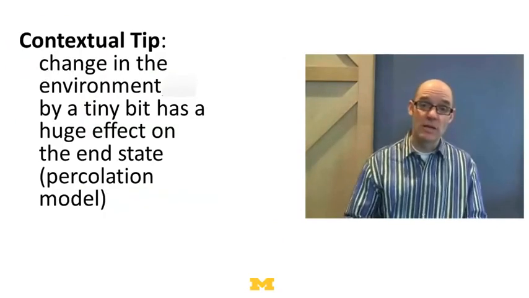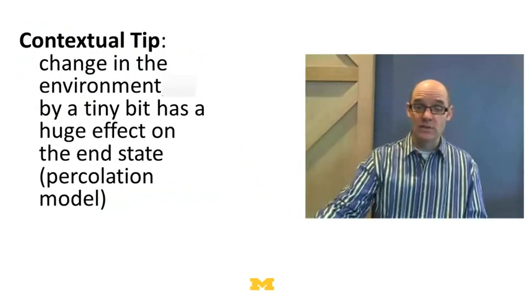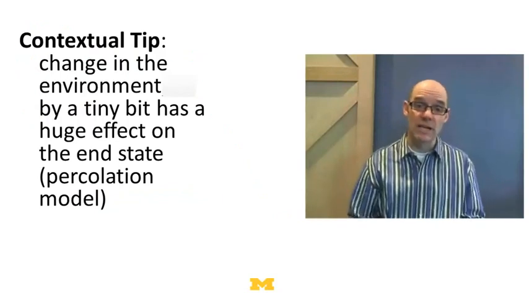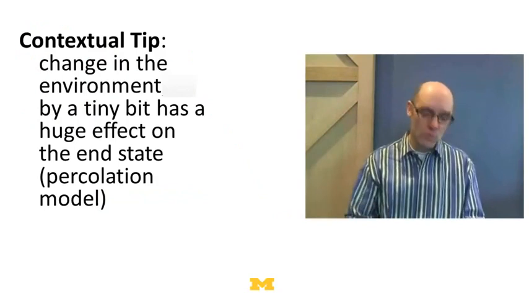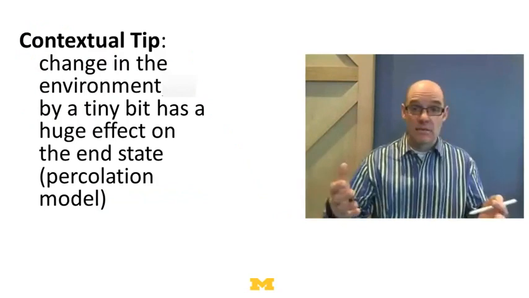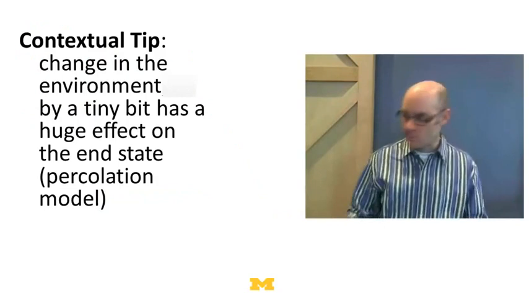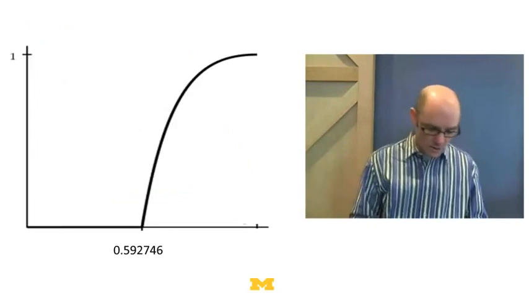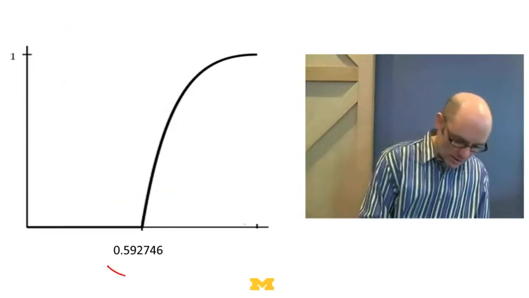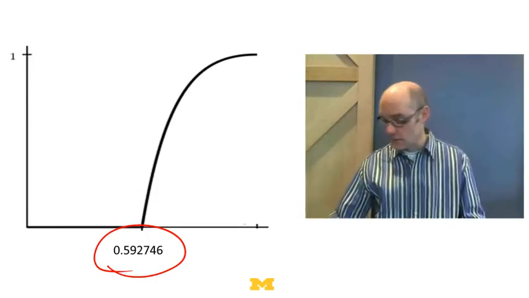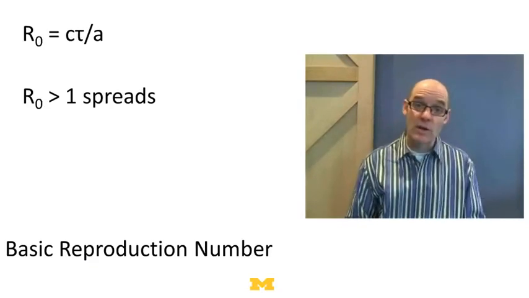So in the percolation model, it's sort of filling in more squares. In the forest fire model, it's growing more trees. In a social network model, it's making more connections. And in doing that, it makes the possibility of a direct tip go way up, and it means that the end state of the system is likely to change. So remember, we saw that in a percolation model. This is a change in context, a change in the number of squares filled in. Remember also our SIS model?